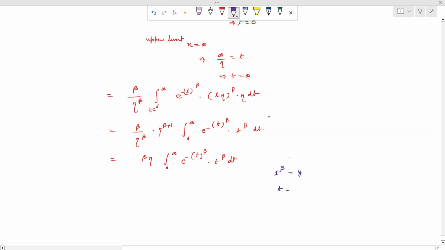So t is equal to y raised to the power 1 upon beta. So what is dt? dt is equal to 1 upon beta, y raised to the power 1 upon beta minus 1, into dy.